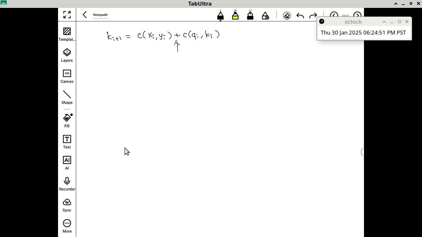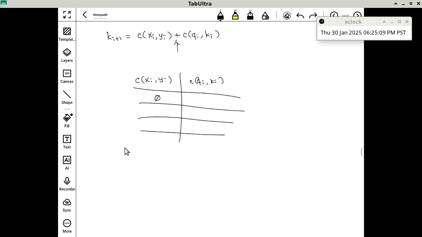However, thanks to the question that you asked, we now know that out of c of xi yi and c of qi ki, there are only three possible choices. They can both be zeros. If this one is a one, then that one has to be a zero, and vice versa, but one and one never happens.